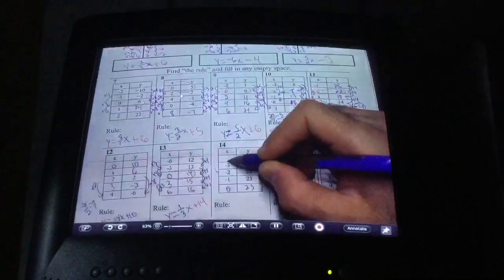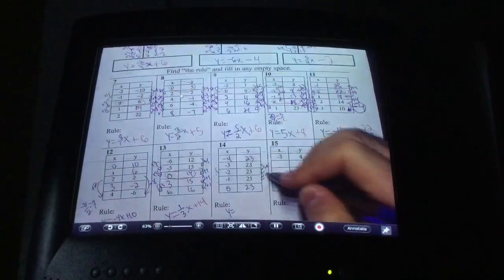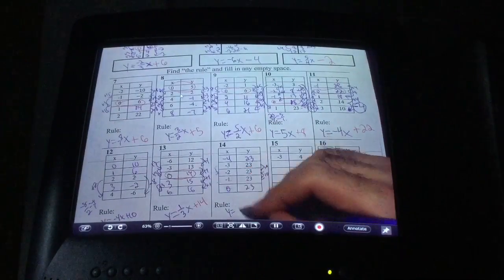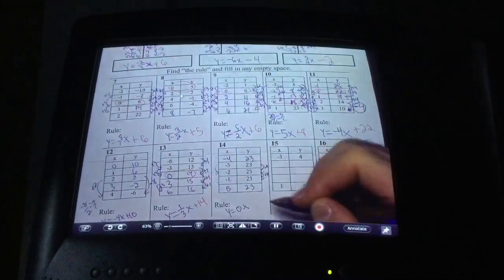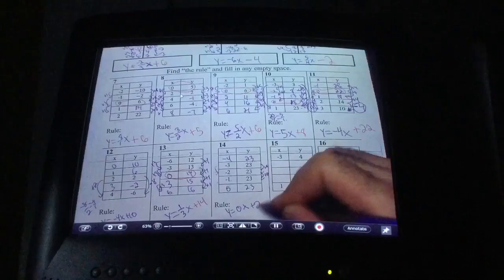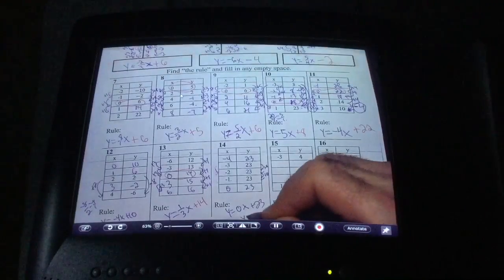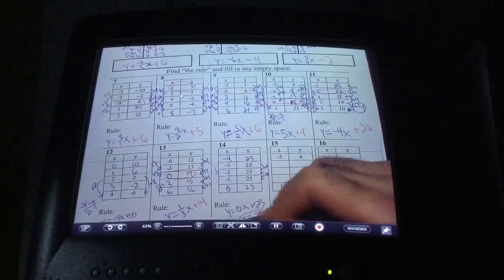Over here, if you subtract 1, you get negative 4. So that's me filling it in. This is going to wind up being y equals 0 over 1, which is just 0x, and then plus 23. Now 0 times x is just 0, so you can just leave this as y equals 23 as your answer.